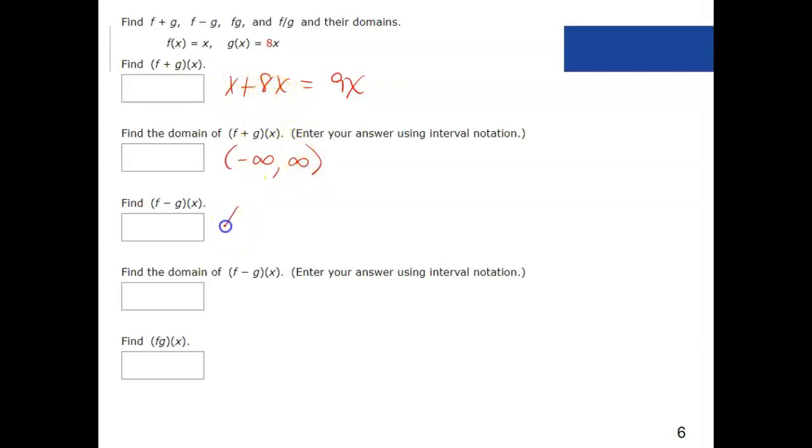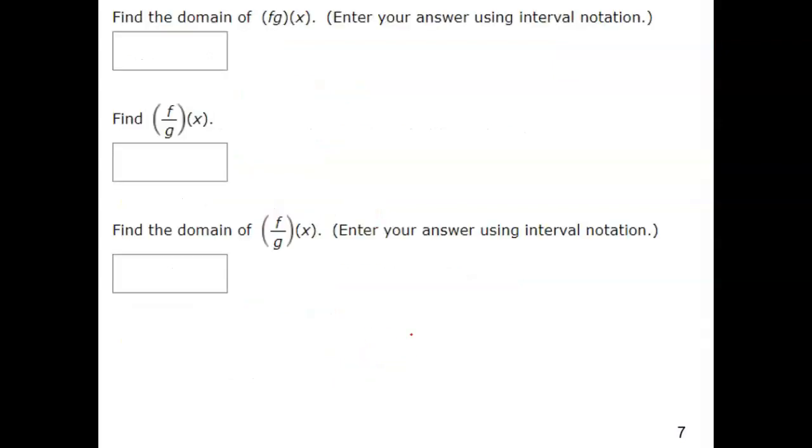So I'm subtracting here, I'm going to have x minus 8x, so negative 7x, and the domain there is also going to be all real numbers. So it's always nice when we don't have radicals and denominators to have to deal with. Here I'm going to do x times 8x, so I'm going to get 8x squared. And the domain for 8x squared would just be all real numbers again.